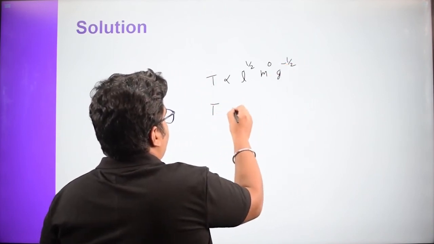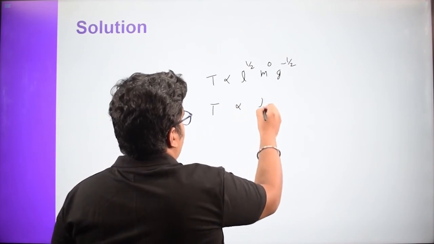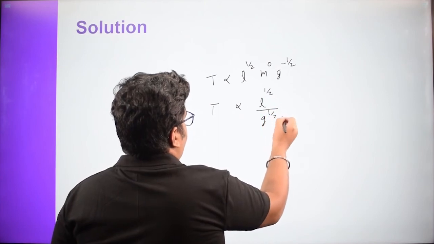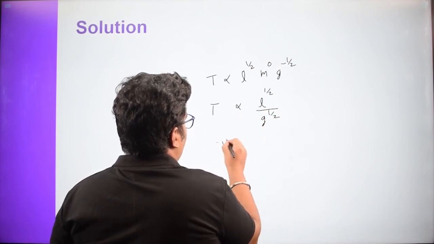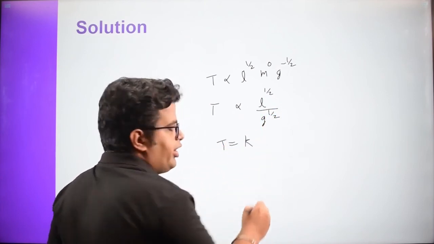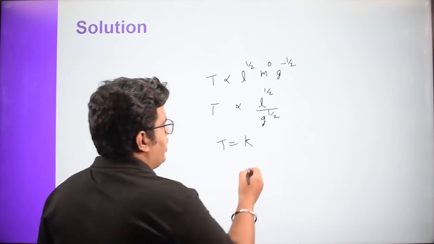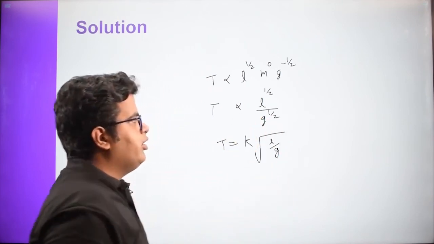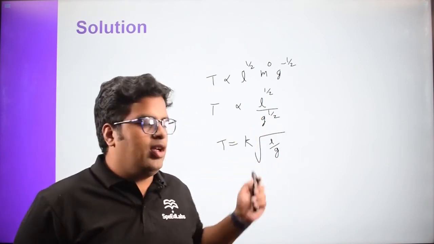So basically time period becomes proportional to L to the power 1 by 2 and G to the power minus 1 by 2. When we remove the proportionality sign, we have the constant called K. So we have the formula for time period, that is equal to K under root L by G, right? So that's basically the formula for time period.